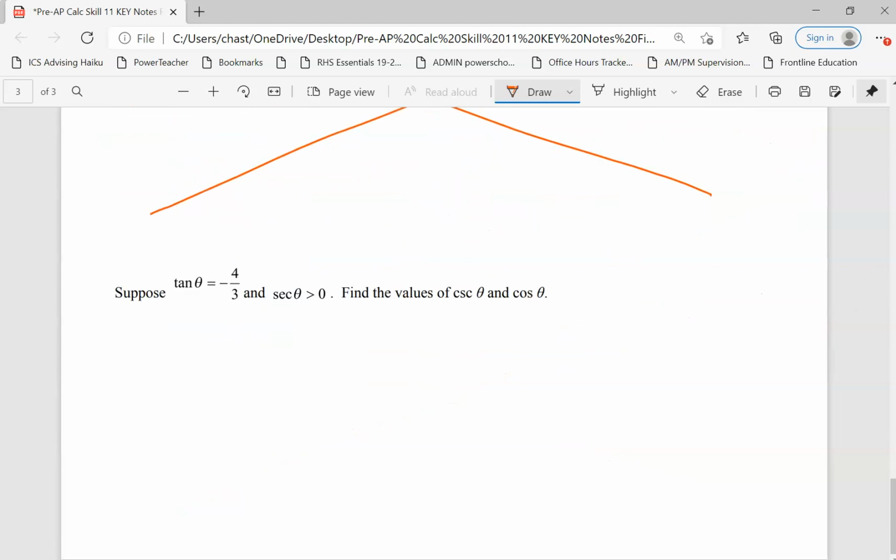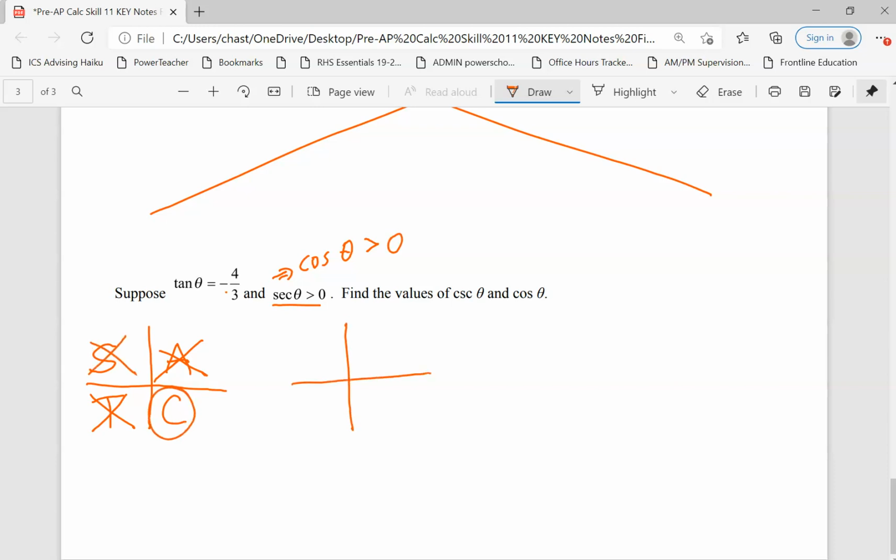and I think this one is just a little bit more of the same, so I'm just going to quickly talk through it. So for this one, they don't scaffold it out, so we have to know what quadrant we're in first. Tangent is negative, so we're going to eliminate 1 and 3. Secant is greater than 0, which implies that cosine is greater than 0, which means it's not quadrant 2, must be quadrant 4.